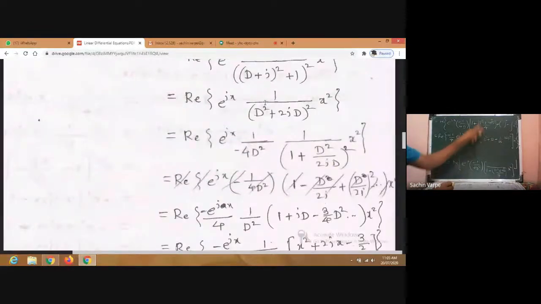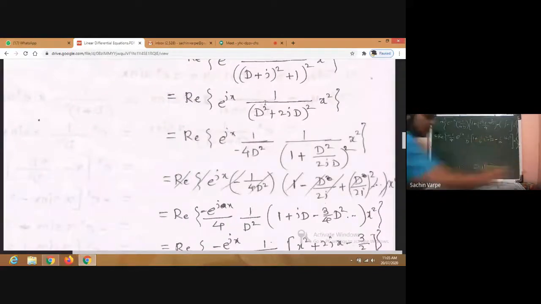So 1 by 4 d square plus 4i, here it must be id, no? Please check the calculations. And now multiply the function inside to each term. So minus 1 by 4 e raised to ix times 1 upon d, then x times 1, into x square, plus 1 by 4 d square of x square.